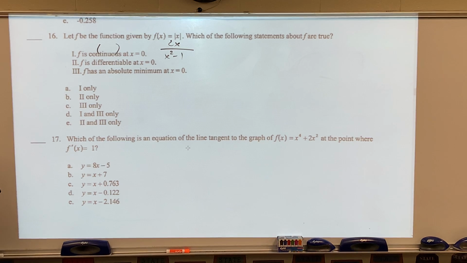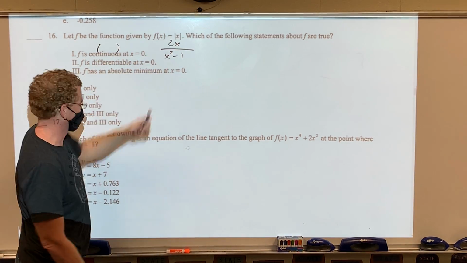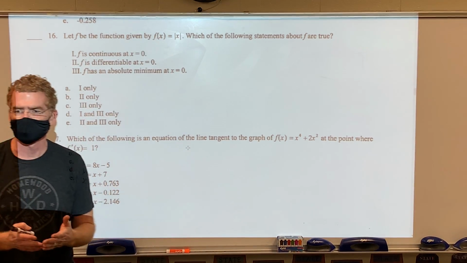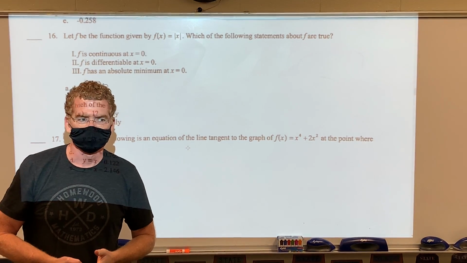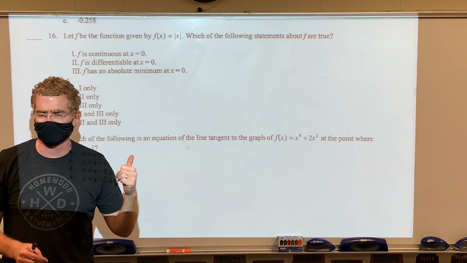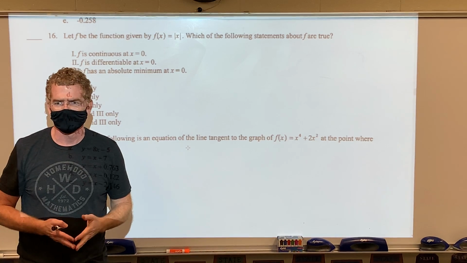Ooh, nice. Let f be the function given by the absolute value of x. So I'm giving you what? f is absolute value of x, so it is what kind of function?